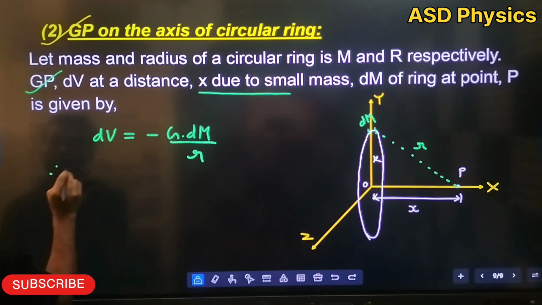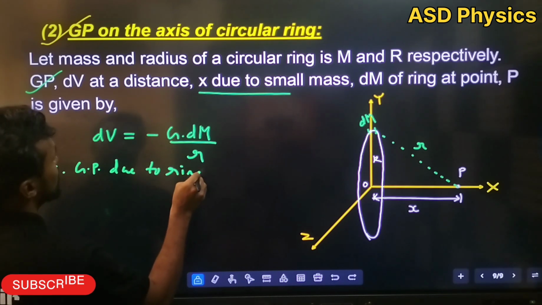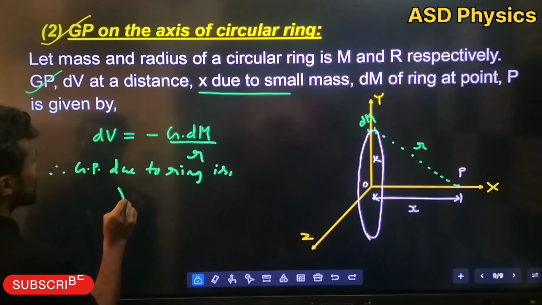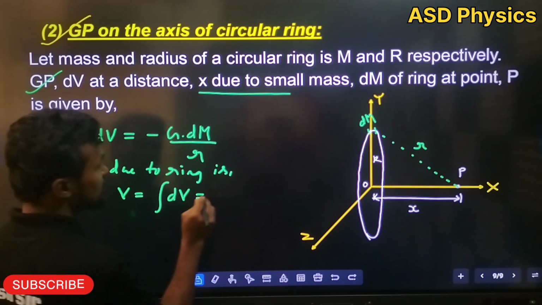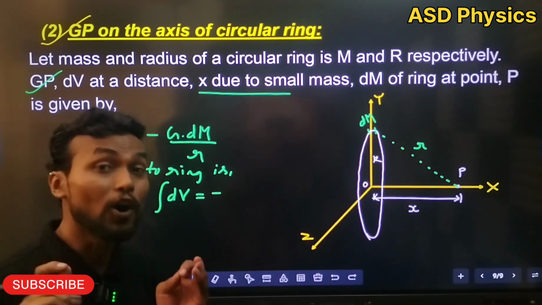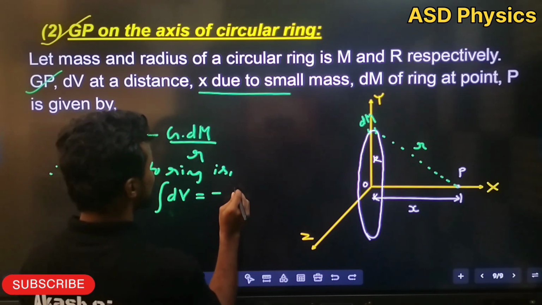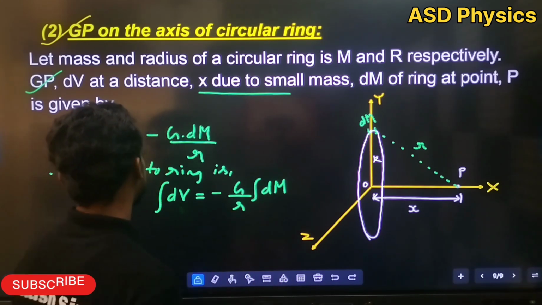Hence gravitational potential due to the ring is given by the formula V equal to integration of dV. Put the values please. G and r are constant because each and every point mass of the ring has the same distance, small r. That means minus G by r integration of dm.